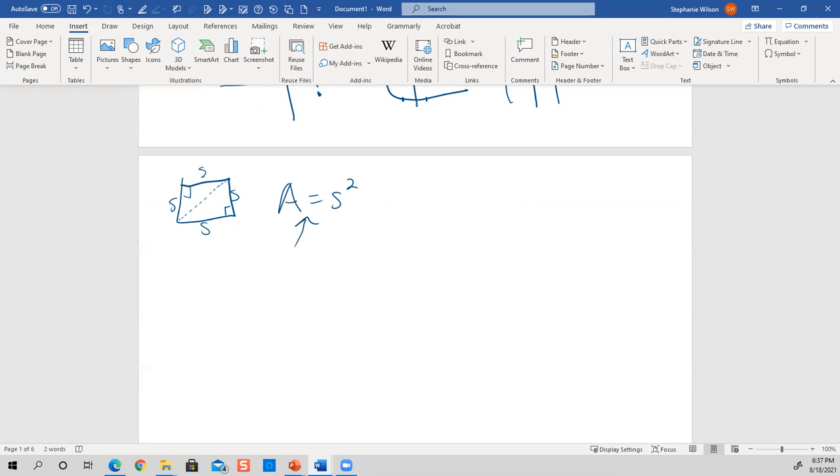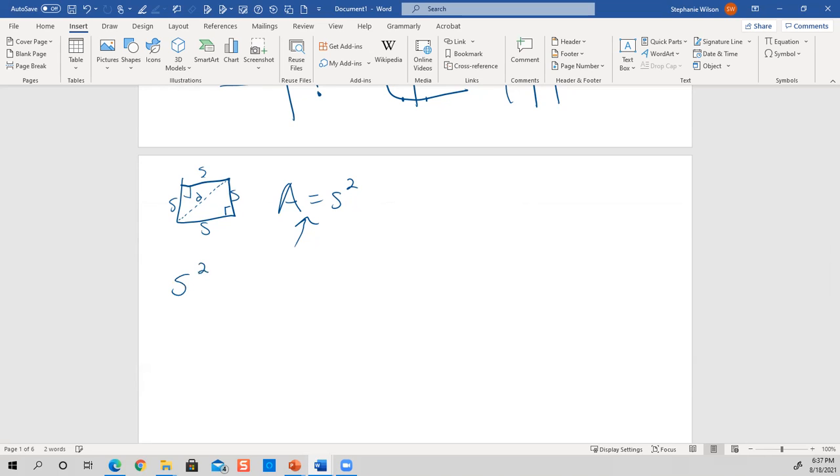And since all the sides are the same, then length times width, which are the same, gives me a squaring. So now we're going to apply it and determine what it is. Well, let's label it better. What do we know? Let's call the hypotenuse of the two right triangles D, because we're going to call it D for distance.